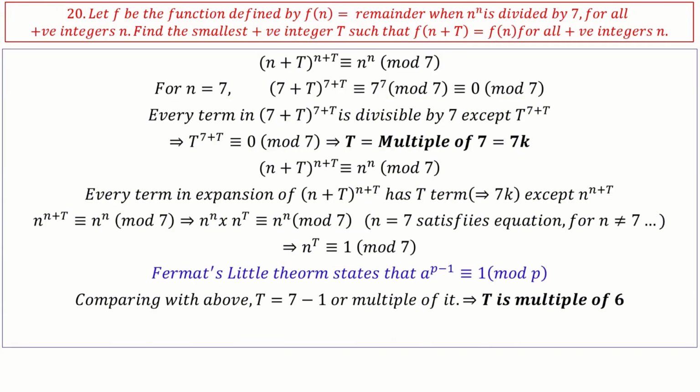One is it should be a multiple of 7, the other is a multiple of 6. So overall t should be a multiple of 42, because both are co-primes. That means t should be in the form of 42k. If k equals 1, the minimum value of t is 42. So this is my minimum value of t.